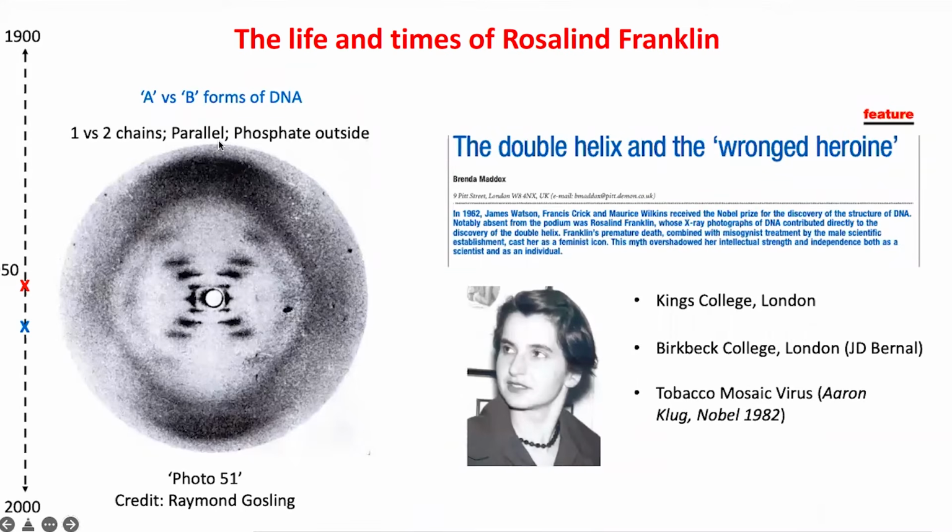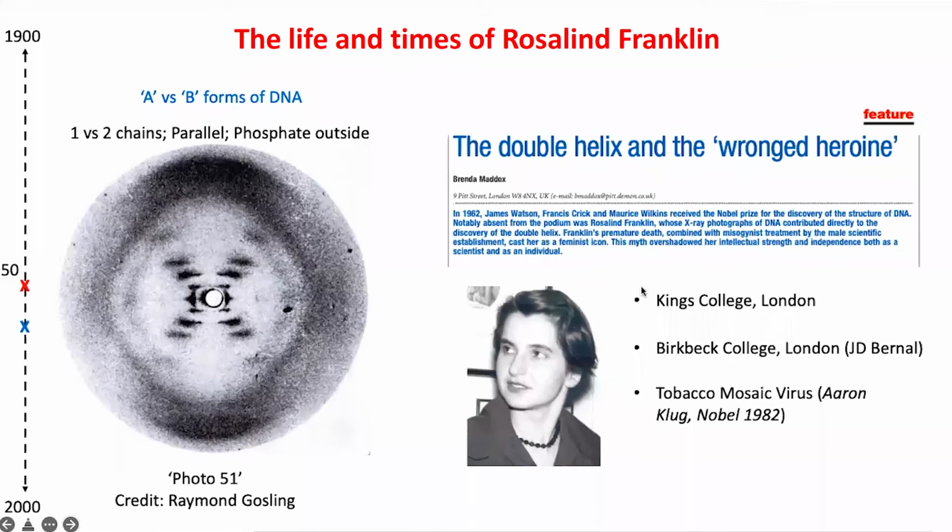She was thinking pretty much always of a parallel double helix, if at all there was a double helix. And she did know that the model probably had phosphate on the outside, which many of the previous models did not really contain. So she had some inkling, she had excellent data, but she could not make the final connection to the correct form, which was a sort of a giant leap in terms of thinking about the model, which Watson and Crick could do.